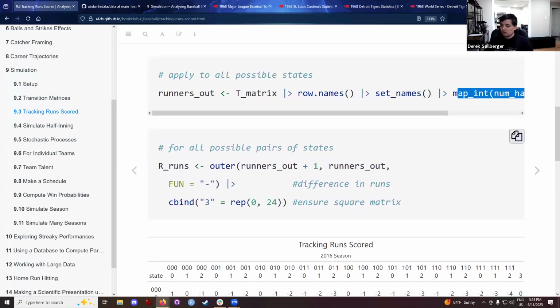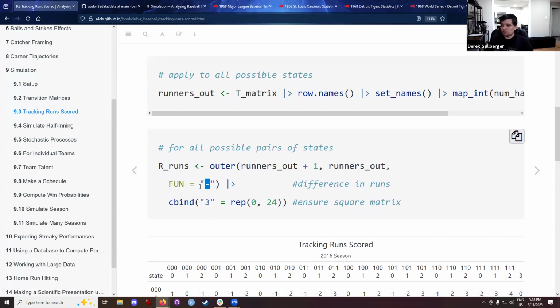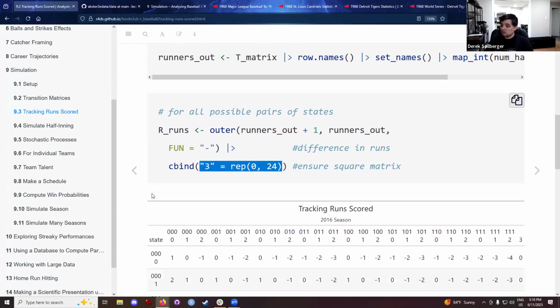And then we could do an outer product, but with the subtraction arithmetic to get that difference in runs. Once again, in the very last row, we just want to shove in our absorbing state for three outs to make sure the overall matrix is a square matrix back to 25 by 25.